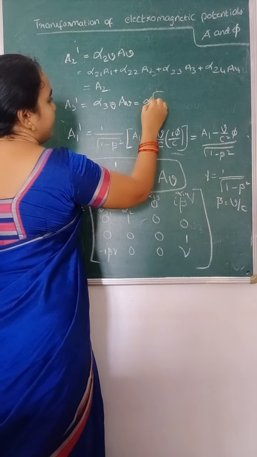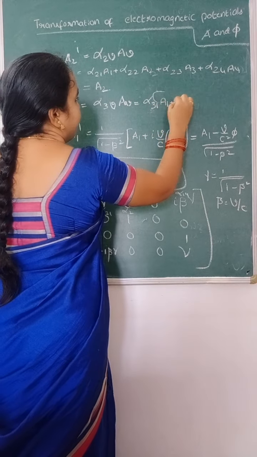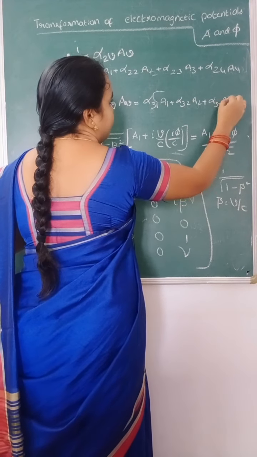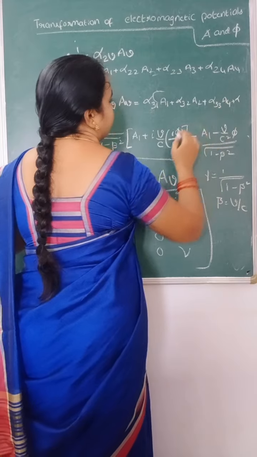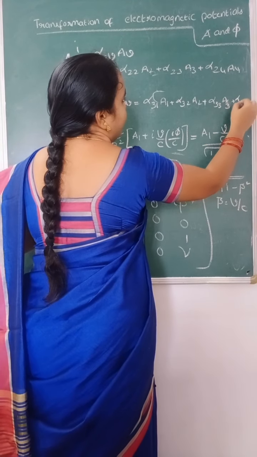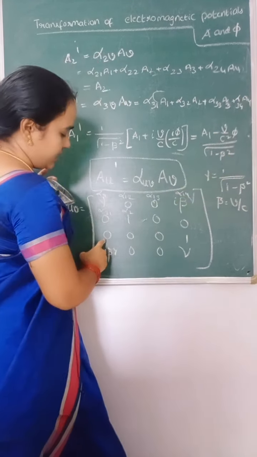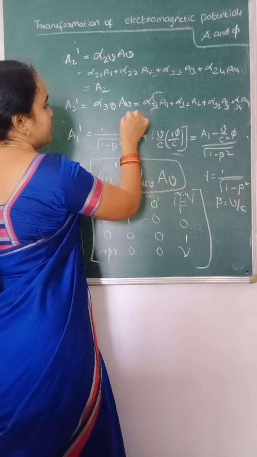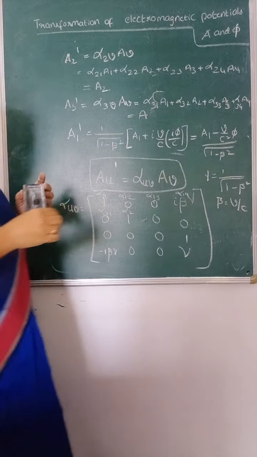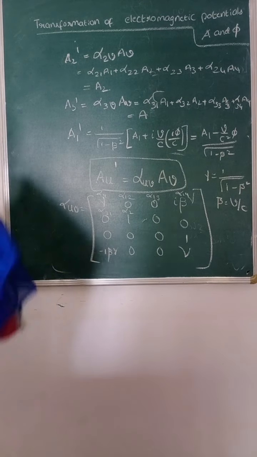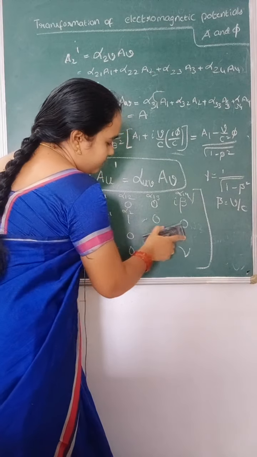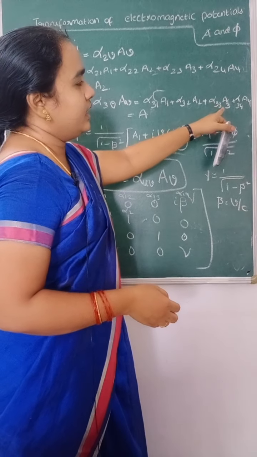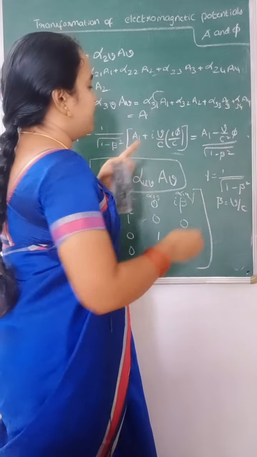That is alpha 31 A1 plus alpha 32 A2 plus alpha 33 A3 plus alpha 34 A4. Alpha 31, 32 and 34 are 0, and alpha 33 value is 1, so all remaining terms are 0.